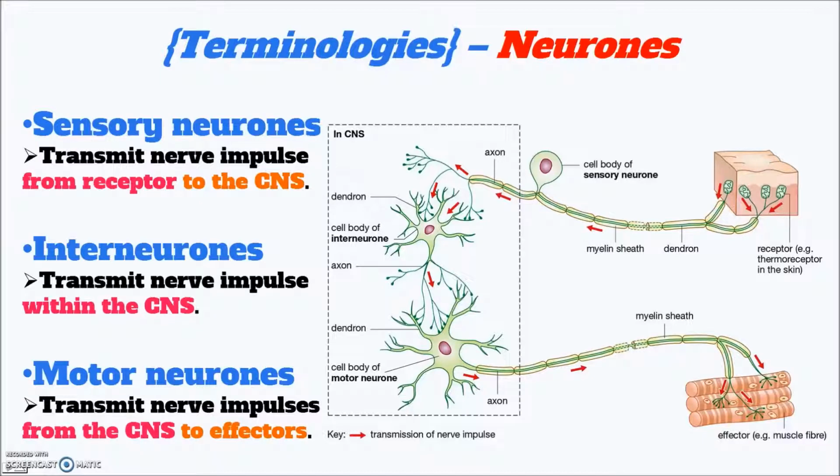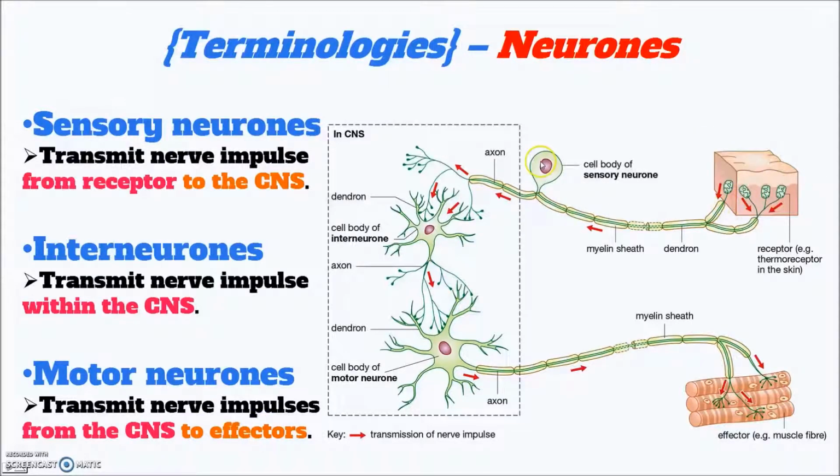What we need to focus on is the direction. Sensory neurons transmit the nerve impulse from the receptor to the CNS. Interneurons transmit the nerve impulse within the CNS. Motor neurons transmit the nerve impulse from the CNS to the effector.